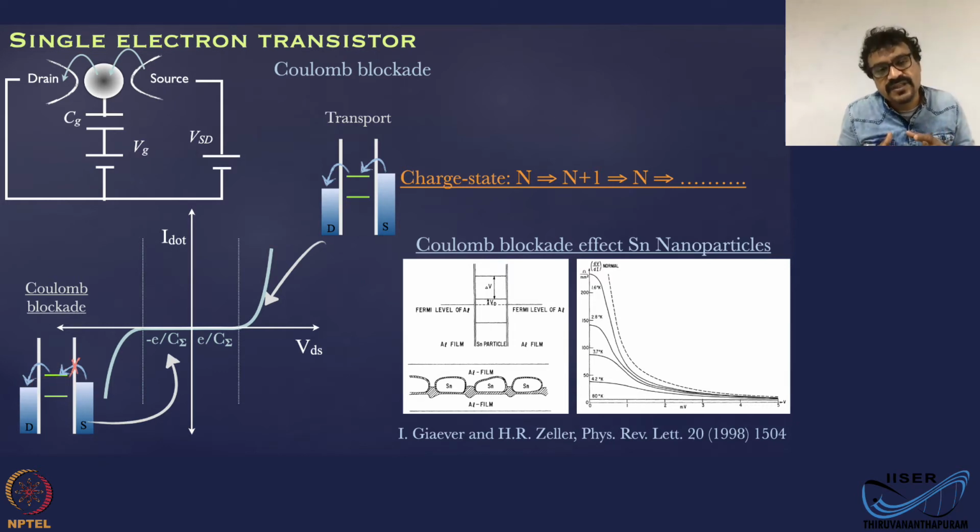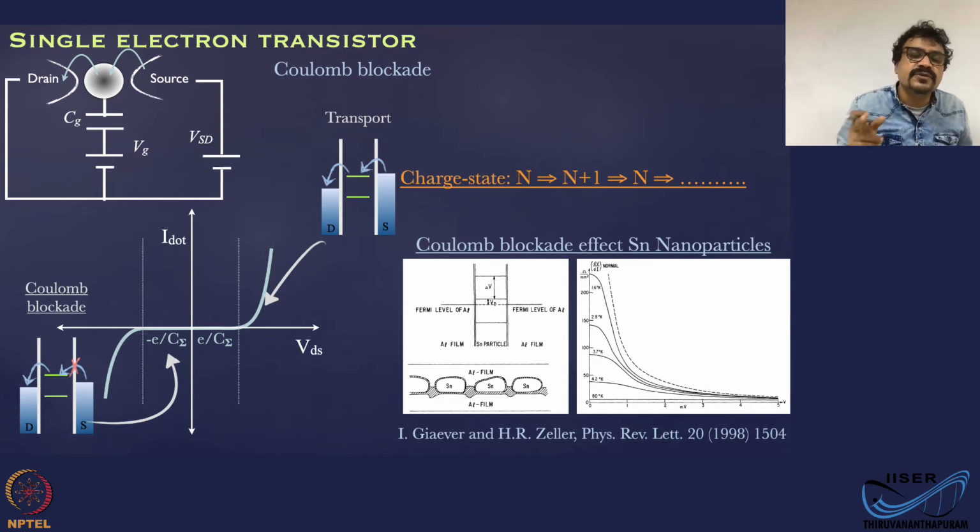Or you can also say that when you have low voltage, you don't have enough energy to overcome the single electron charging energy required for single electron charging, which is e squared by C sigma, because e squared by 2 C sigma is for each junction. So e squared by C sigma.